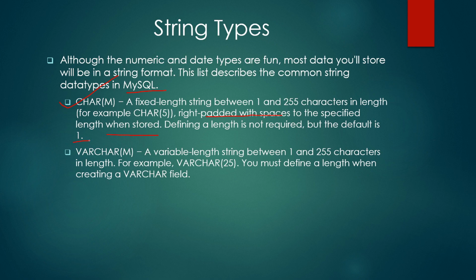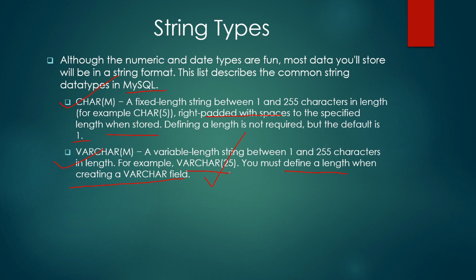Okay. Then we have varchar. Varchar we have already used. A variable length string between 1 and 255 characters in length. For example, varchar 25. You must define a length when creating a varchar. So it is necessary to define a length.